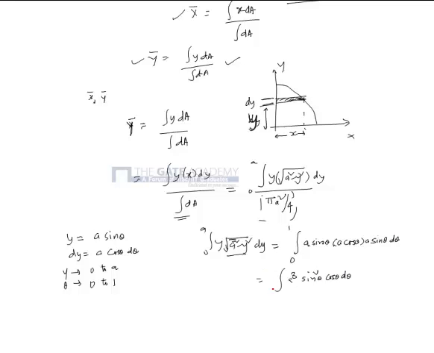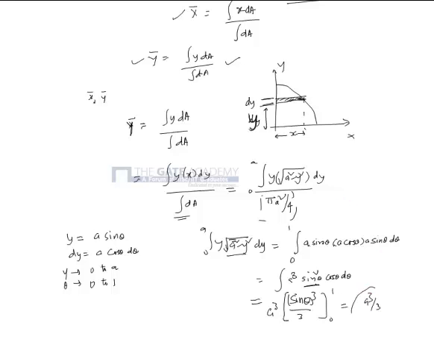This is like x square dx, so the integral will be sin theta whole cube by 3, with the limits 0 to pi by 2. When you substitute the limits, it will be a cube by 3.